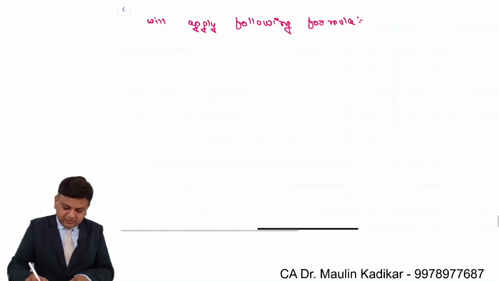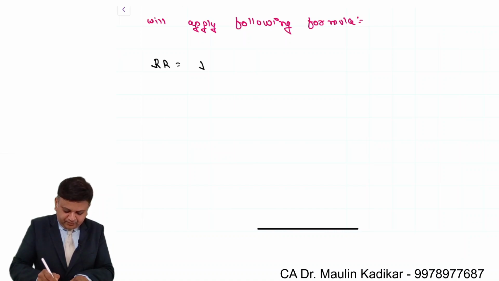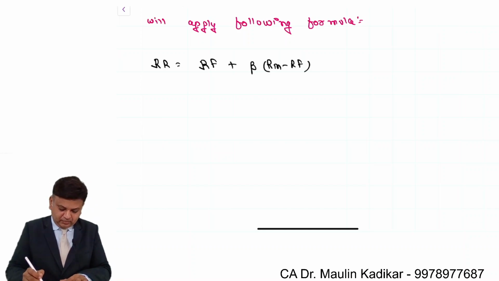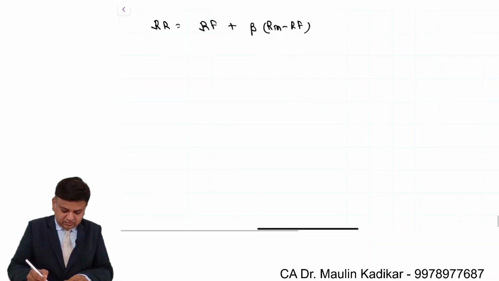So please apply this formula, that is write down this formula. RF plus beta into RM minus RF. With paragraph write down.